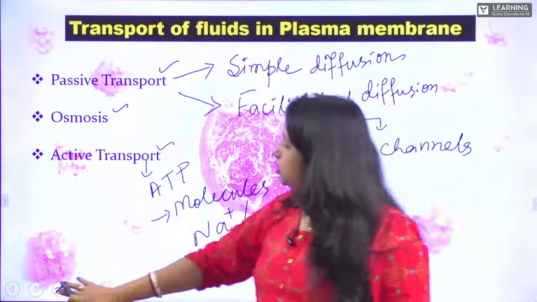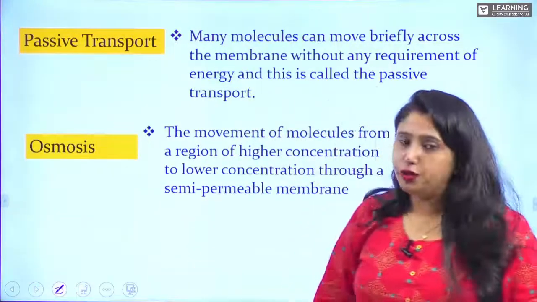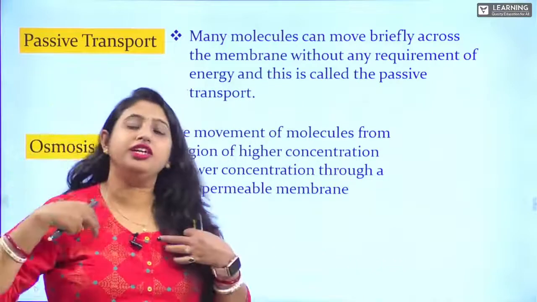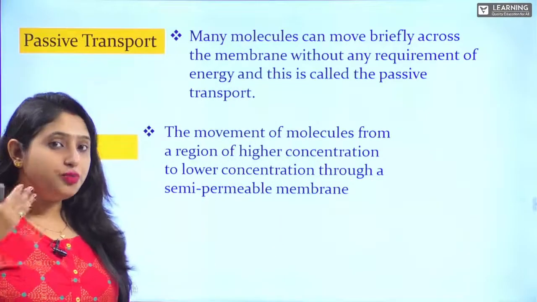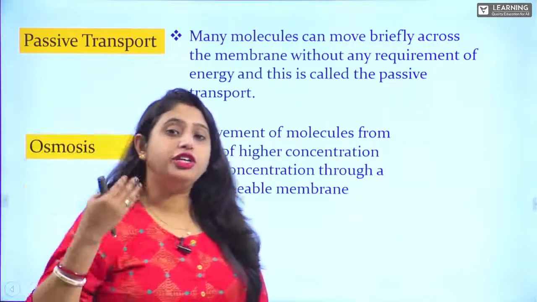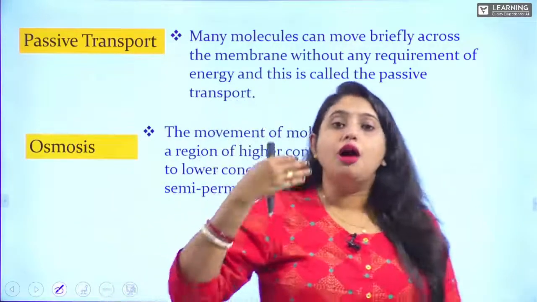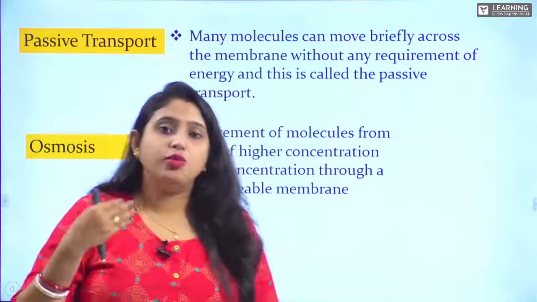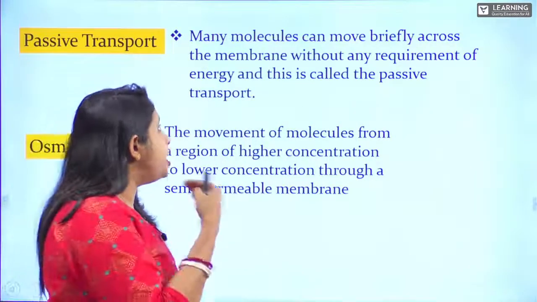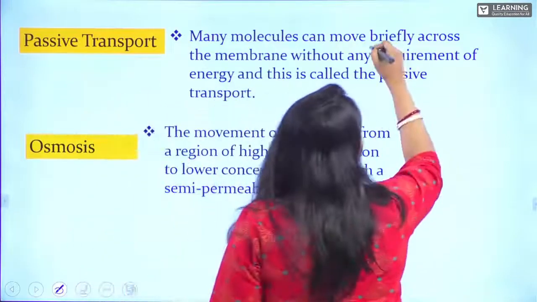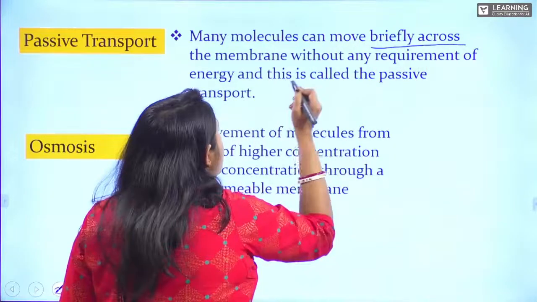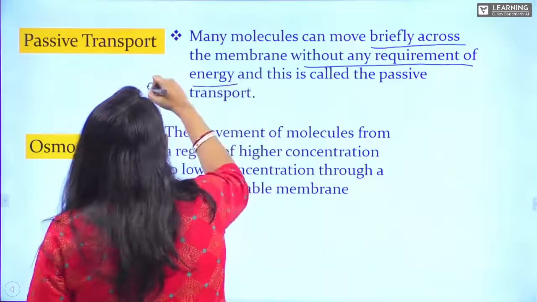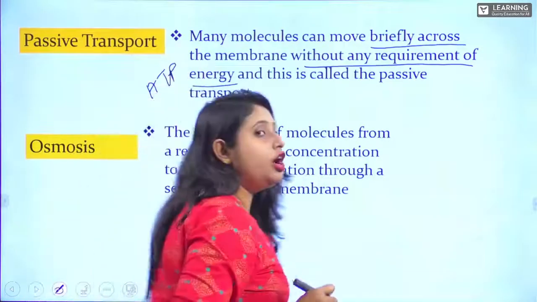Let us study passive transport. Passive transport is one of the transportation systems for transferring molecules through the lipid layer of the plasma membrane. Many molecules can move briefly across the membrane without any requirement of energy, that is ATP, which we have already discussed.